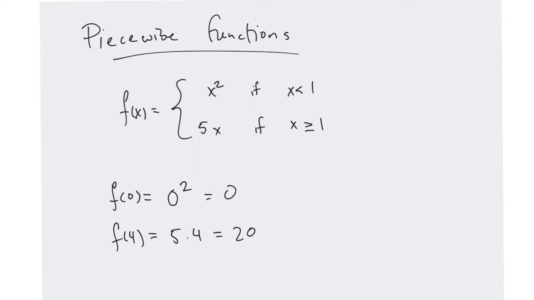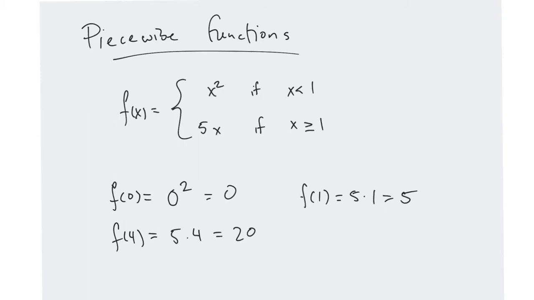What about f of 1? 1 is kind of right in the middle there, but nothing special. You still look over here and you test which category does 1 fall into. It's the second, because 1 is greater than or equal to 1, right? So I use the second formula. I get 5 times 1, which is 5. All right, this is a simple piecewise function.